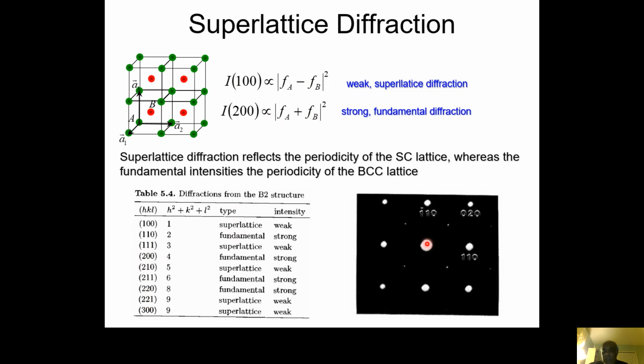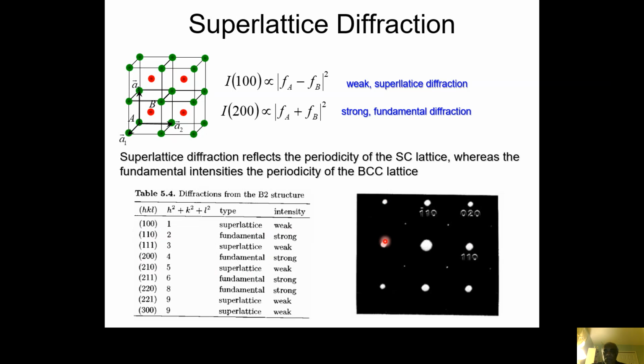Here you can see the ones that are very bright. So 1, 1, 0 is a strong one, right? Then you have 0, 2, 0, that's also a strong one. 1, 1, 0, strong one. But if you go to places like 1, 0, 0, these are very tiny superlattice peak fringes here.